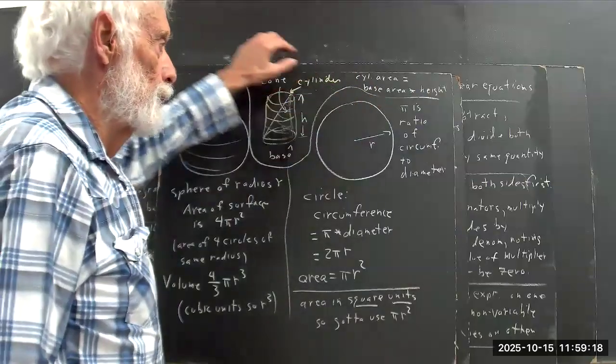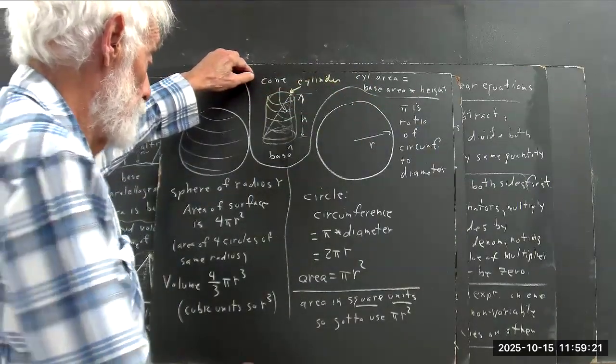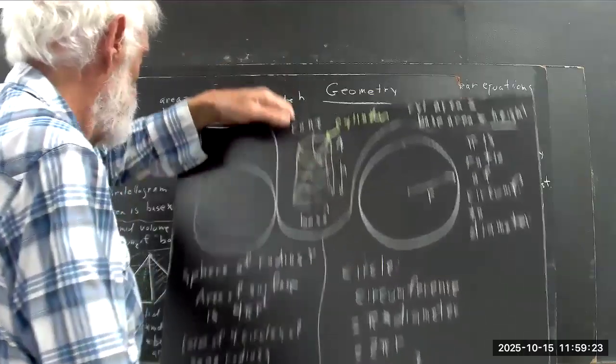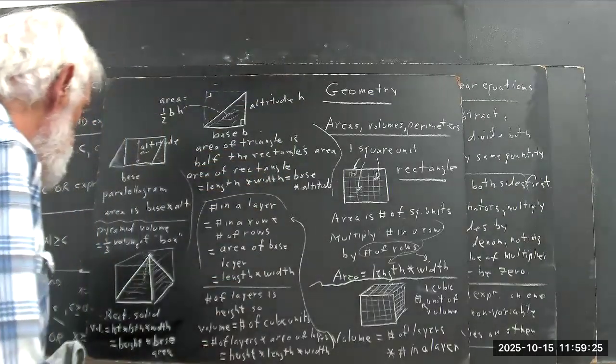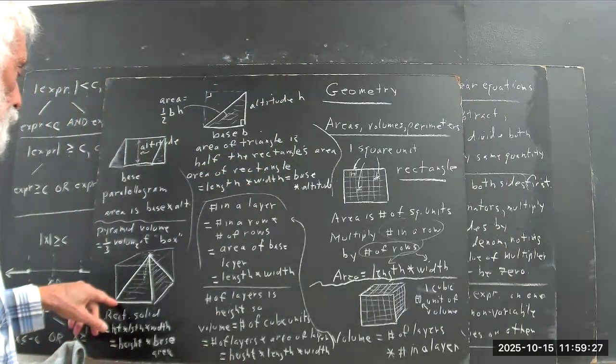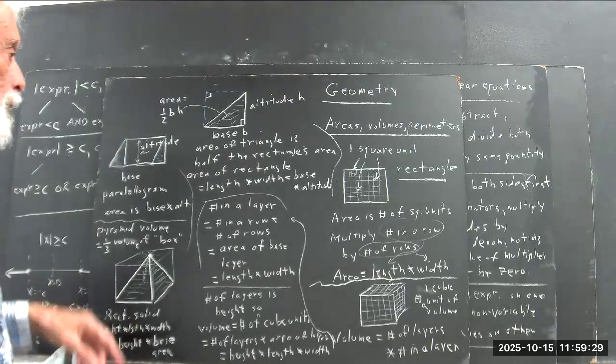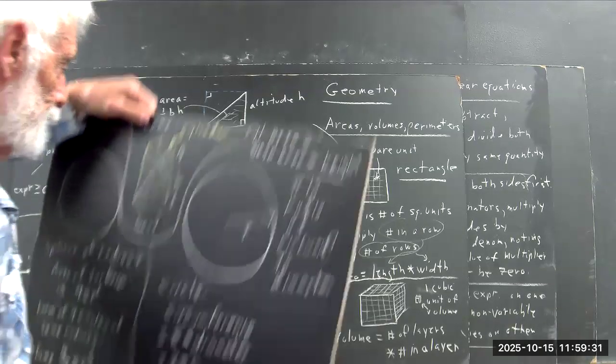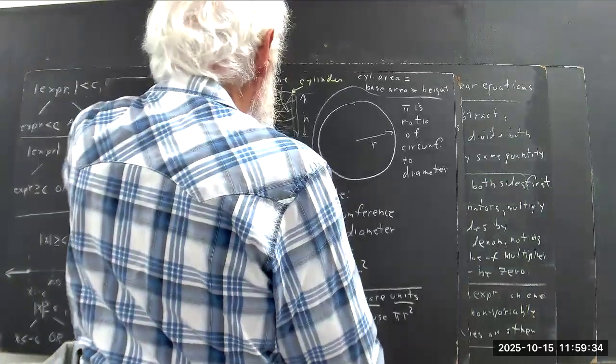The cylinder volume equals the base area times the height. Note that the rectangular solid, I'm using the wrong words and I apologize.